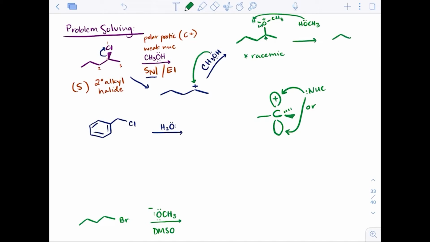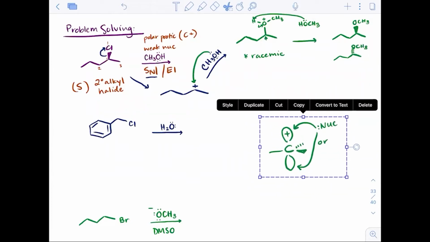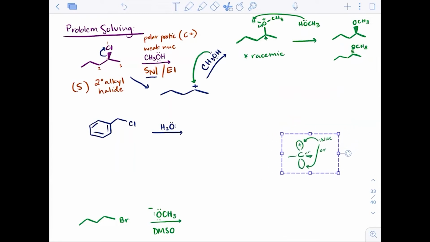I'm going to draw out the two stereoisomer products where oxygen attacked from the top and the other, the enantiomer, where oxygen attacked from the bottom. This idea of the nucleophile attacking from the top or the bottom is one of the reasons why an SN1 reaction is not stereoselective.